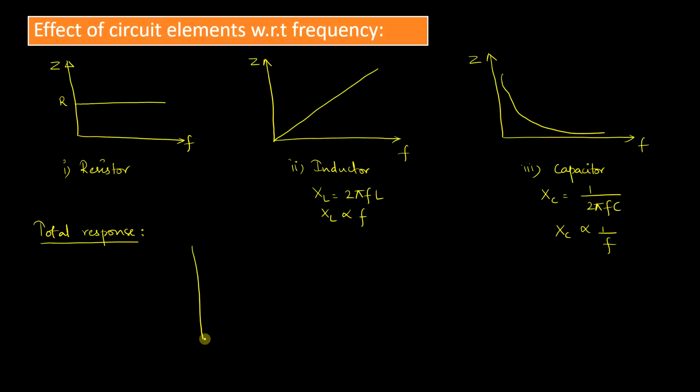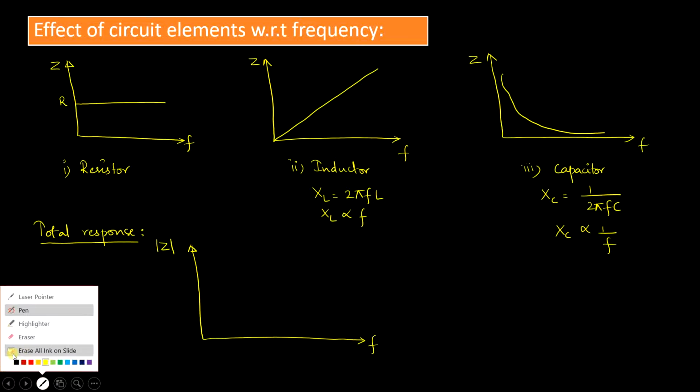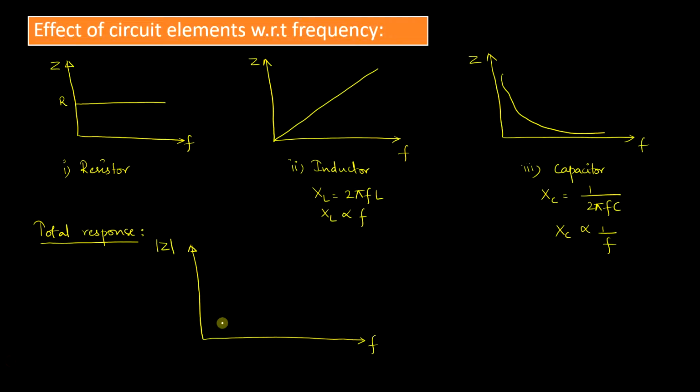Now I am considering the value of impedance in terms of magnitude. Let me consider the condition of resonance F0. Here Z is equal to R at F0, and we need to see what happens when you have an inductor and a capacitor.